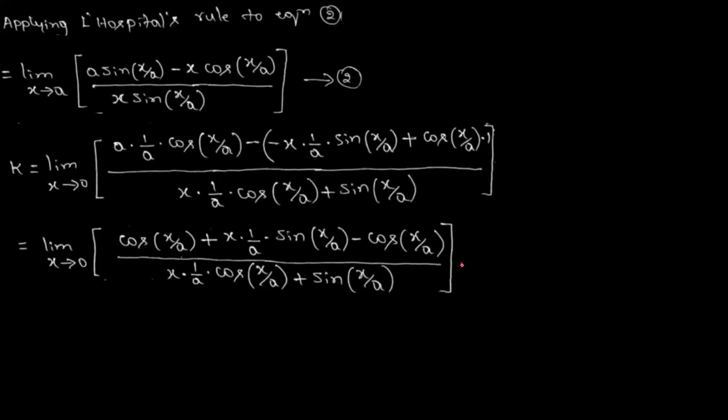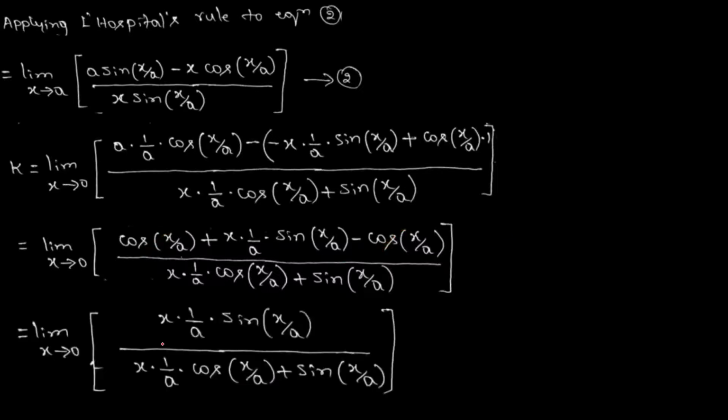Now in this step you can observe, in the numerator cos of x by a and minus cos of x by a gets cancelled. So after cancelling these two, let us write the next step. We have written here.